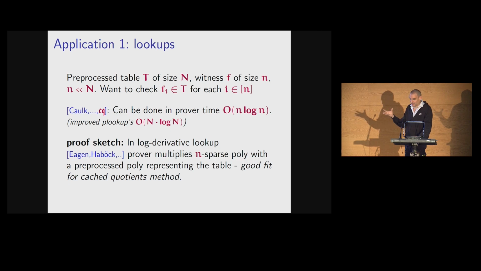And this is exactly a good fit for the cached quotients method. If we multiply a sparse polynomial by a preprocessed polynomial, the cached quotients method allows us to do this where the number of prover operations only depends on the sparsity. This proof sketch appears in the CQ paper in greater length.